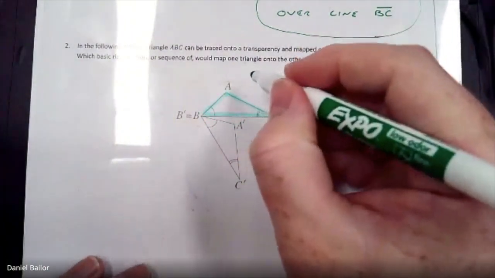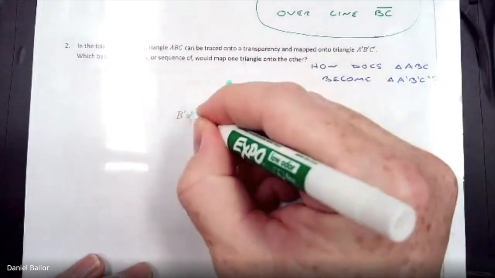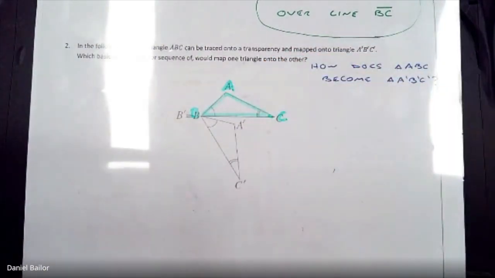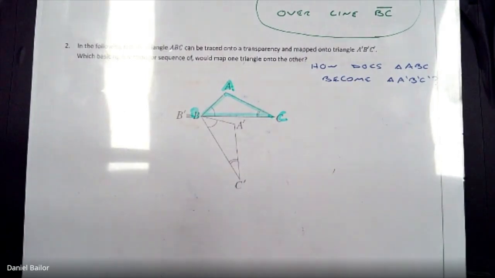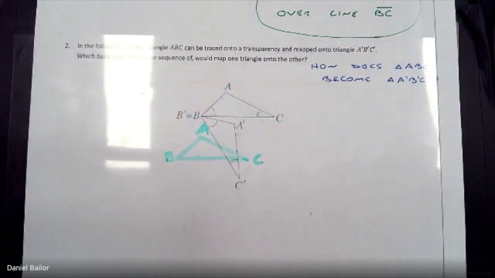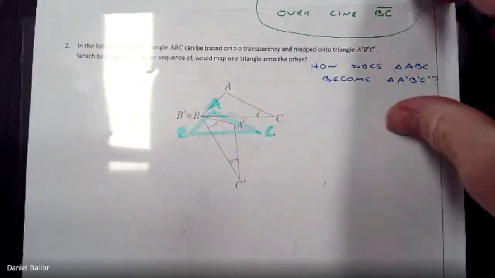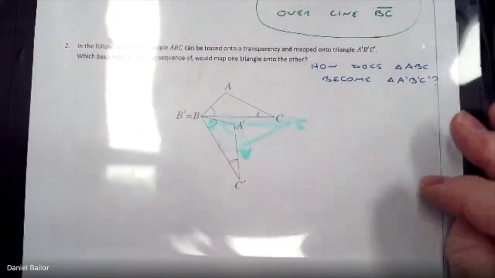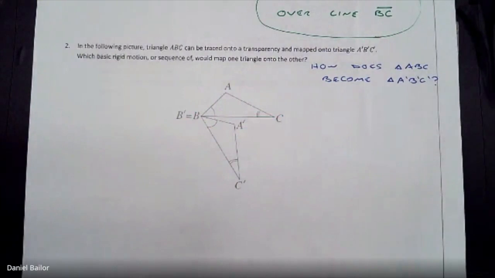I'm going to label my vertices A, B, C. It's not a slide because a slide does not make it line up. It's not a flip because if I flip it over, it does not line up.